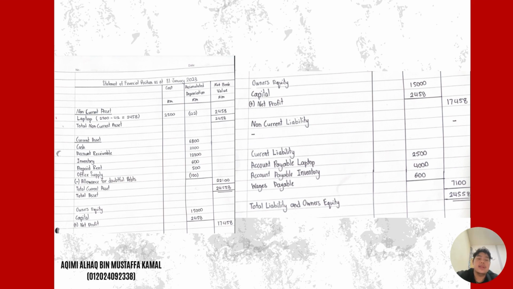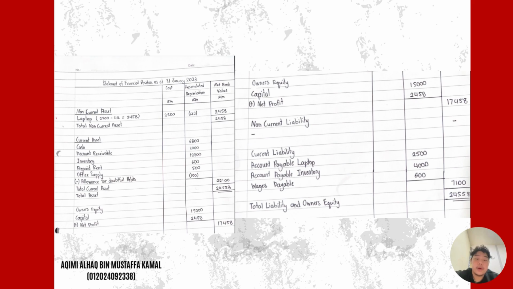Now we need to add the owner equity, non-current liability, and current liability. Our owner equity is 17,458 ringgit, and there's no non-current liability.